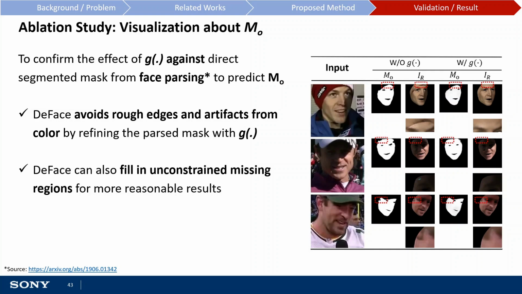We can see in the first row that the rendered result IR may have rough edges and artifact colors from the occlusion, while DeFace can avoid this problem by refining the parsing mask with G. Moreover, some parts may be missing on the parsing mask. As shown in the second and the third rows, artifacts show up in these unconstrained regions. DeFace can help complete these missing regions for more reasonable results.